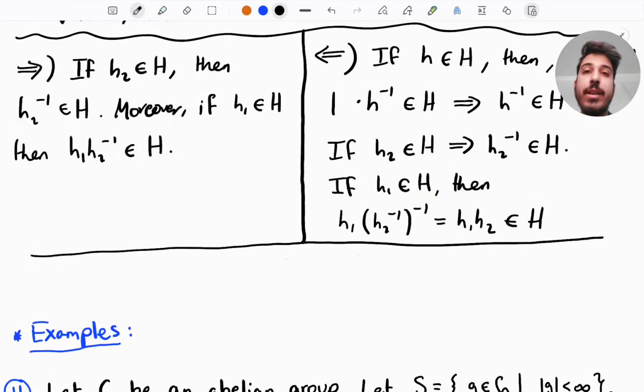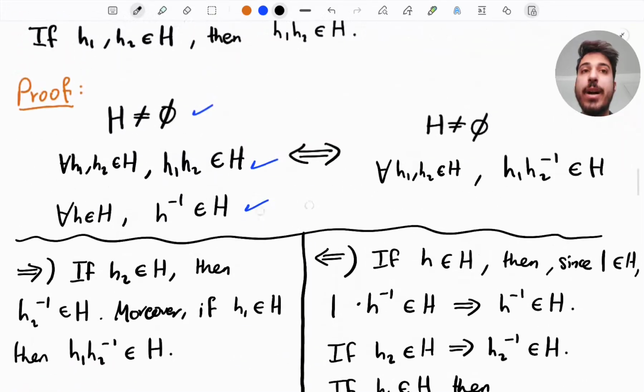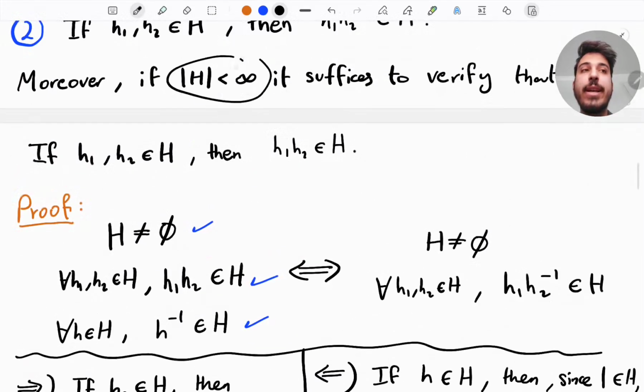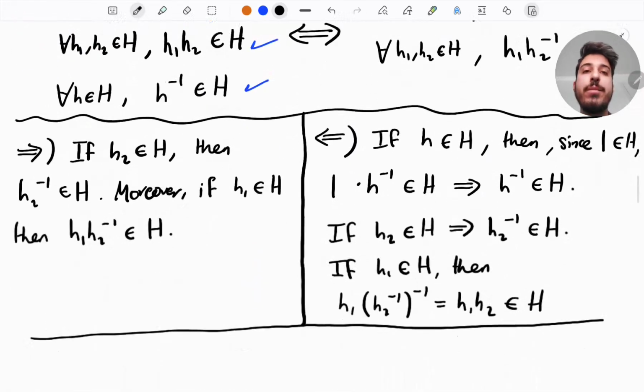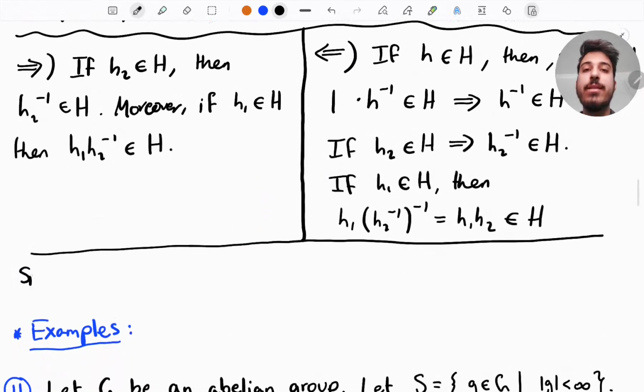Now we will see that if H is a finite subset, it suffices to only verify that if h1 and h2 are two elements in H, then h1 times h2 is in H, and we don't even need to look at the inverses. The reason this is true is because since H is a finite subset, we have h, h squared, h cubed, h to the 4.